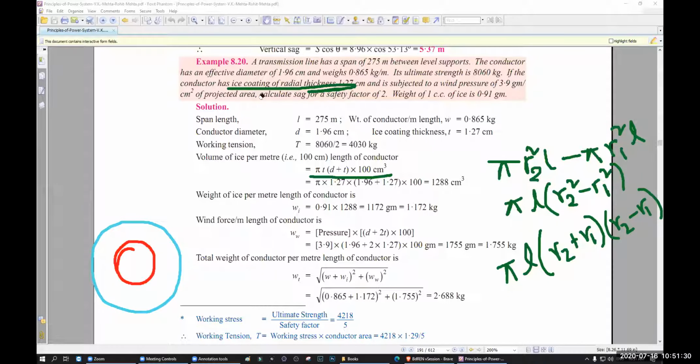Now what do we have to find out? This is R2, and this one is R1. What is R2 actually? R2 is R1 plus T, where T is the thickness of ice. Now what is R2 plus R1?